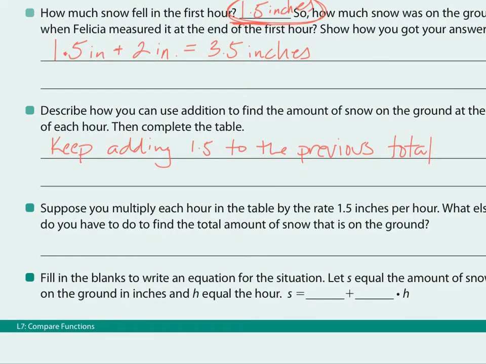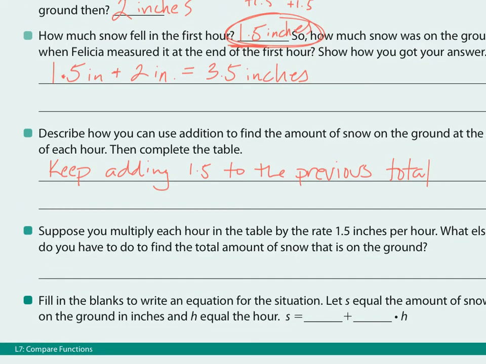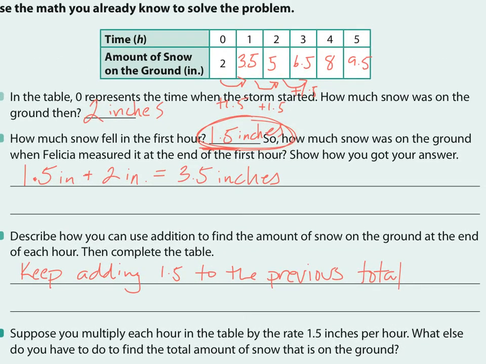It says suppose you multiply each hour in the table by that 1.5. Again, that's our rate of change, which is the exact same thing as slope. Well, if we multiply by 1.5, let's say I start at hour 6, a hypothetical 6 up here, and our table continued to go on.